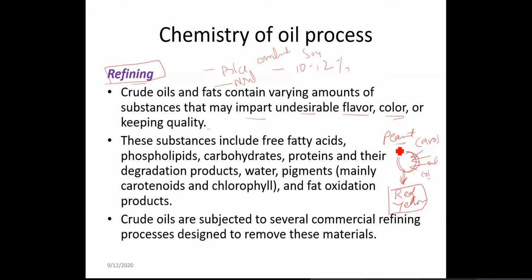Also, you don't want that nutty flavor, because peanut will have a nutty odor or flavor. Or if you have mustard seed, mustard has a very strong pungent odor, a pungent flavor. राई का तेल में तो बहुत strong mustard like pungency होता है. So you don't want that pungent odor. Or take an example of soybean, a very beany odor.